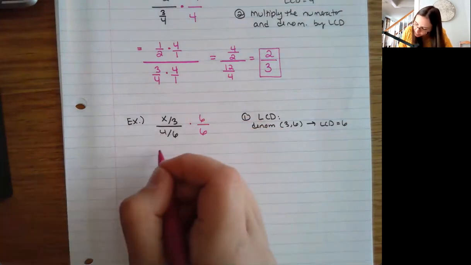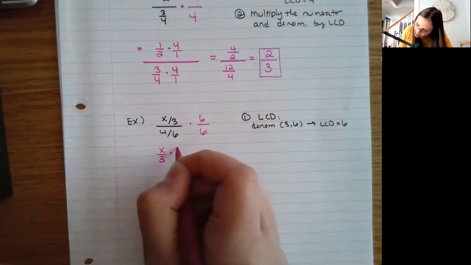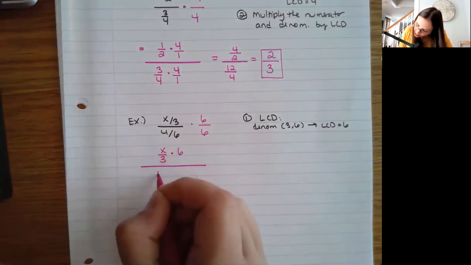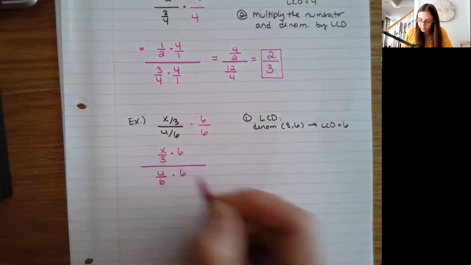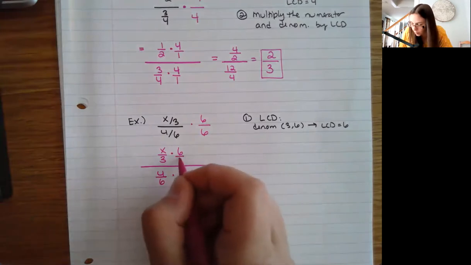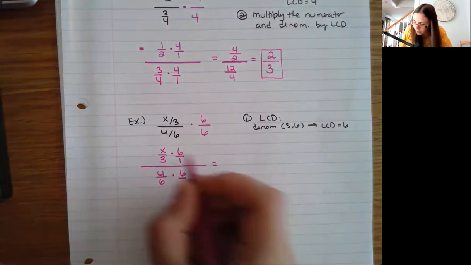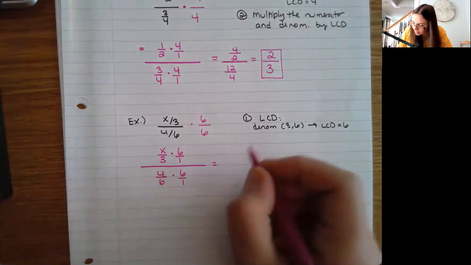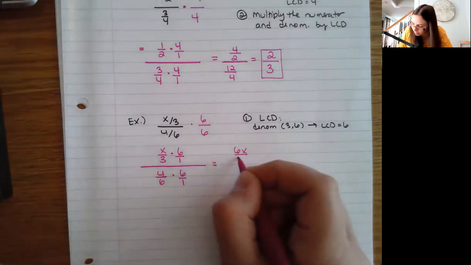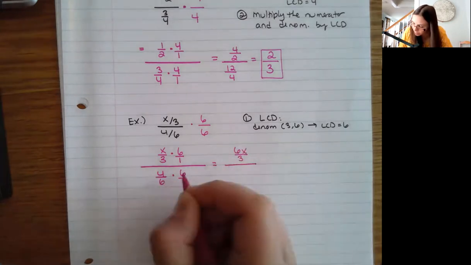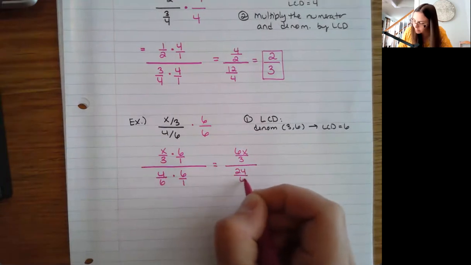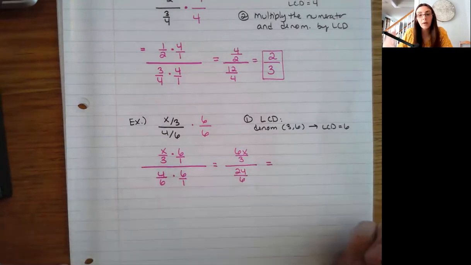So this becomes x over 3 times 6, and then 4 over 6 times 6. And don't forget, you can put those whole numbers over 1. So here, what I'm getting is 6x over 3, and then I'm getting 24 over 6. Now you want to keep simplifying.